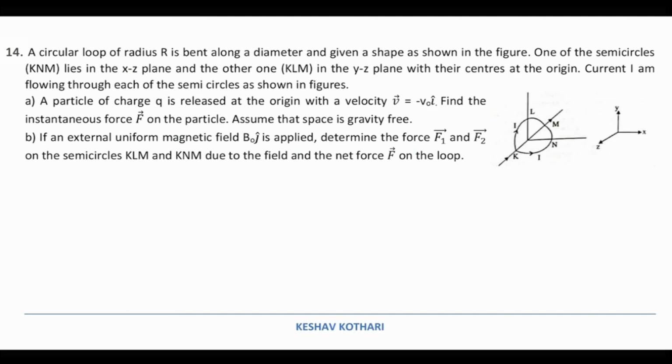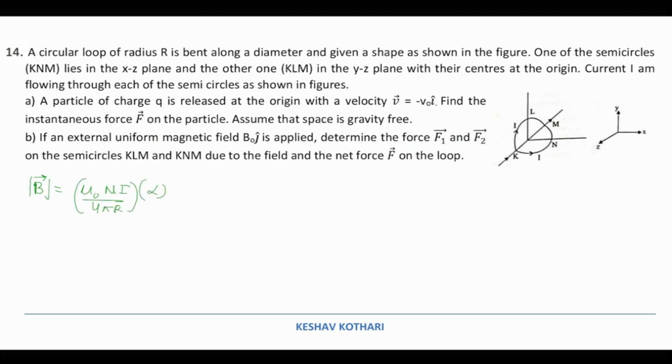So if we begin solving this problem, the first thing that we will be calculating is the magnetic field at origin. These two semicircular loops are there. So I again write the value of magnetic field due to a current carrying arc, which is written as B equals mu naught N i upon 4 pi r into alpha.